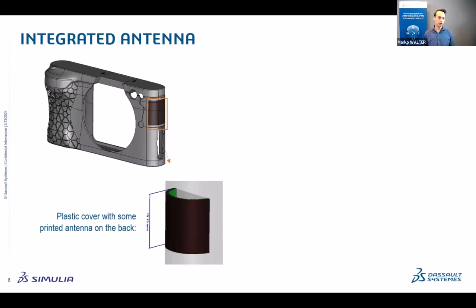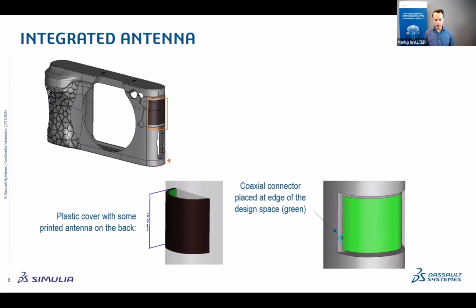Can we explore this design space and see if some topology is appropriate? And what we do is, you see this green space on the back of this cover, which is not connecting with the device itself electrically or conductively. And you can see the coax connector placed on the edge there of the design space.